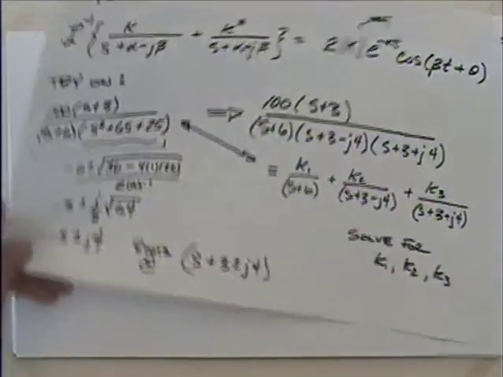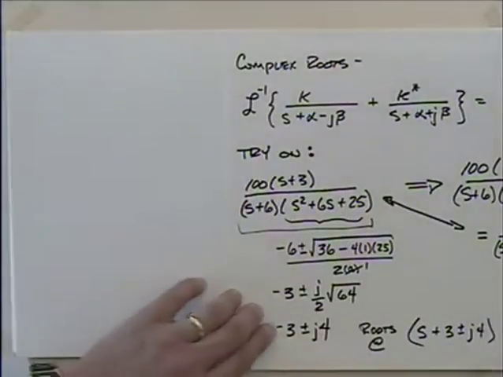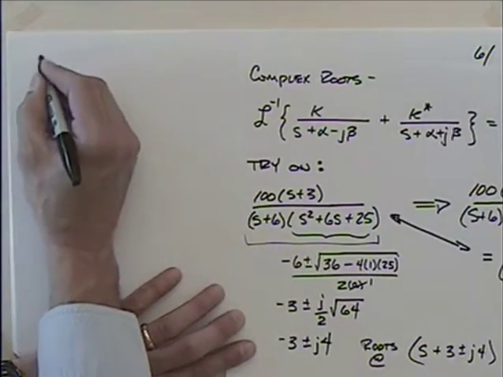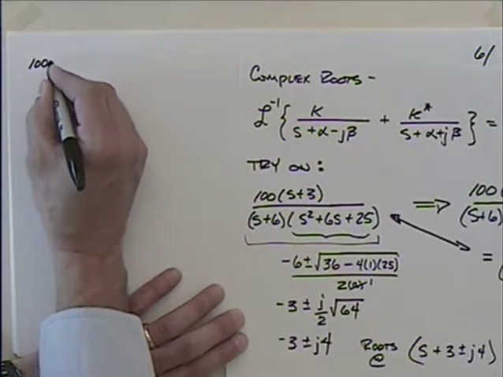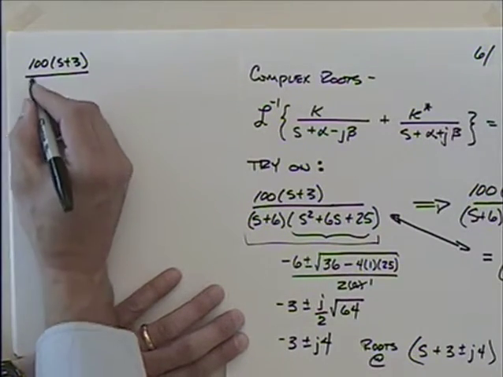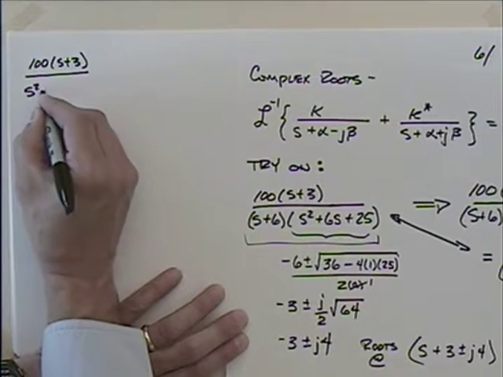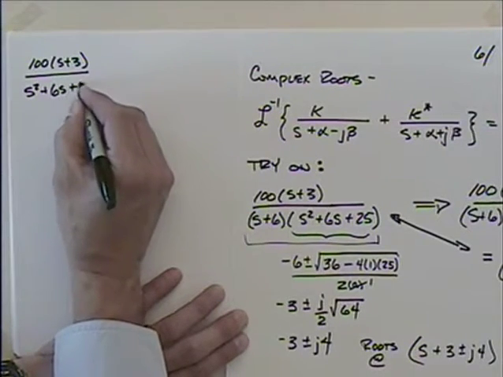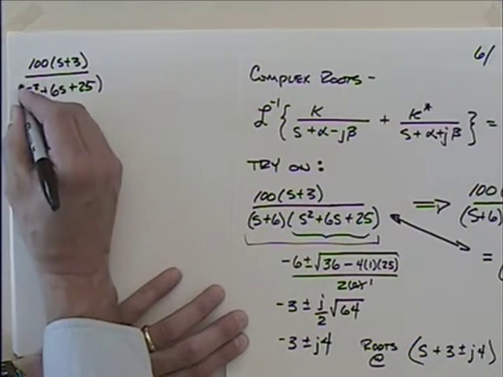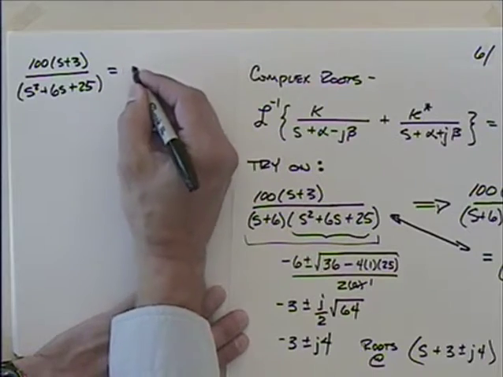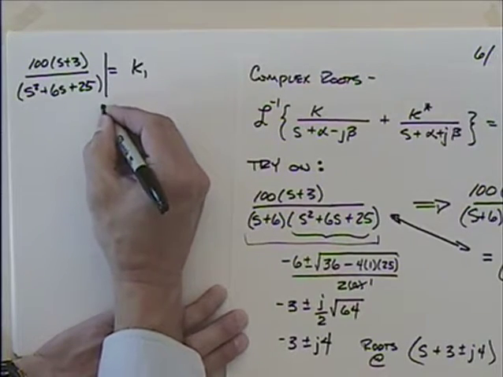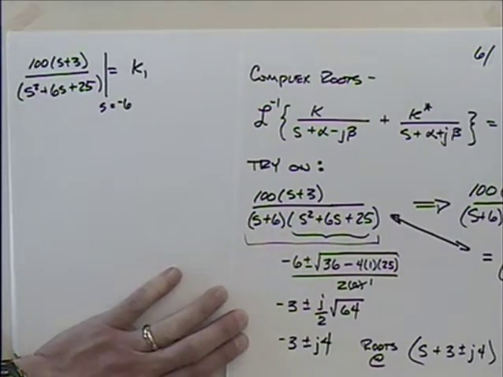So when I multiply that by S plus 6, I've got 100 times (S plus 3) divided by, I'll just use that, S squared plus 6S plus 25. And that's equal to K1, isn't it? Well, as long as I evaluate it at what? S is equal to minus 6.